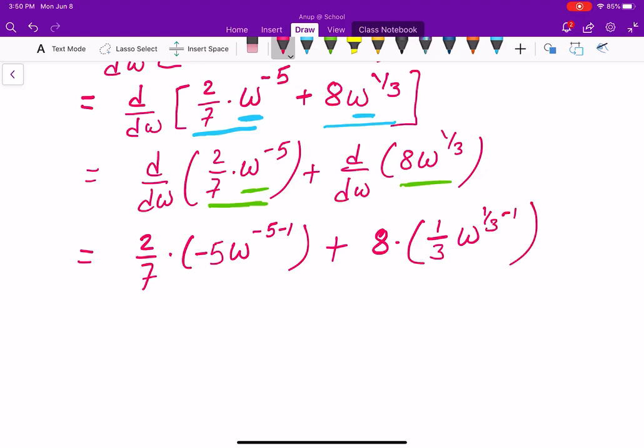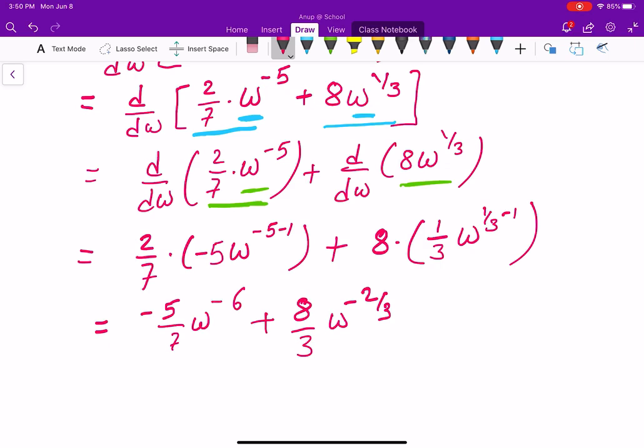All right, so this is the derivative, but if you want to simplify and rewrite, this can be written as negative 5/7 times w to the power negative 5 minus 1, which is negative 6, plus 8/3 times w to the power 1/3 minus 1, which is negative 2/3.